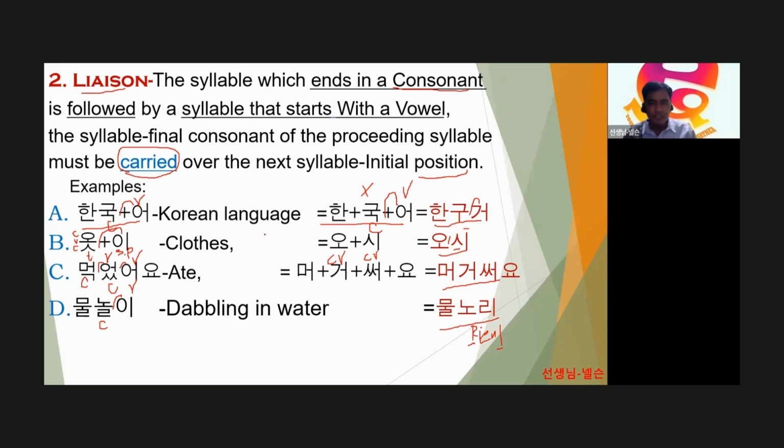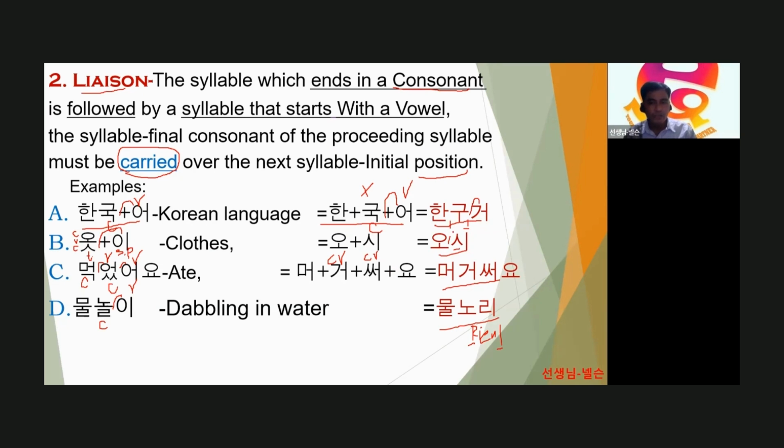So Korean language is Hangugo. Yeah, very good. So then, plots, by adding subject particle E. Okay, so don't worry, nasa ano pa lang naman kayo. Pakita na tayo sa words.